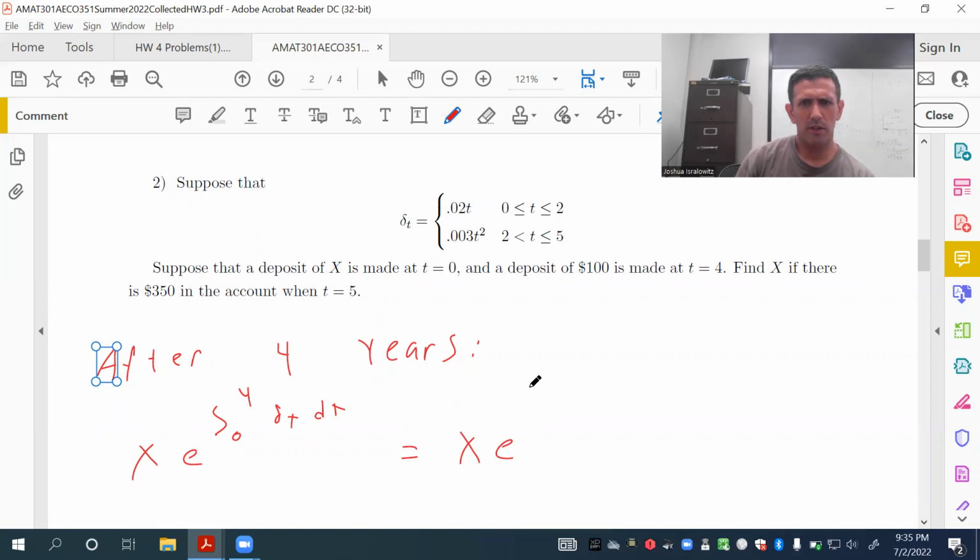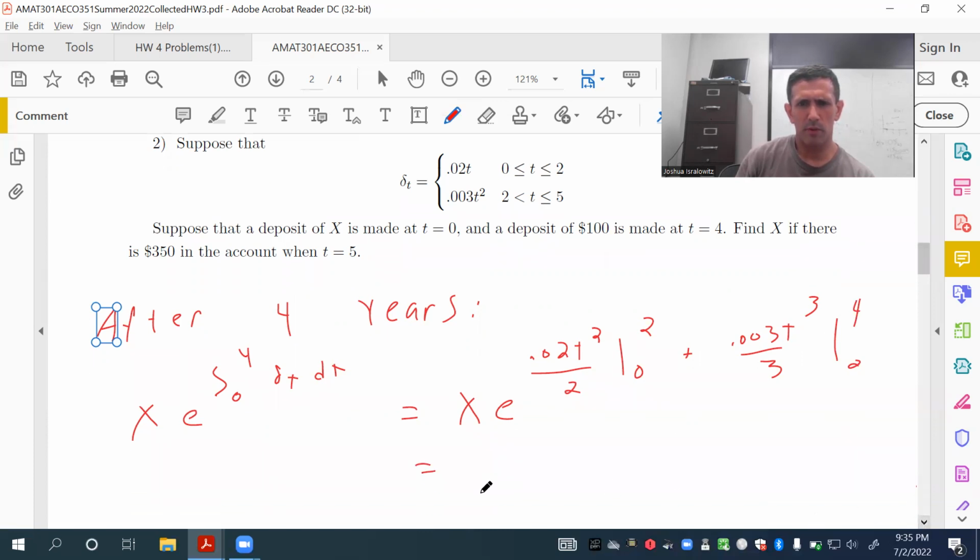Again, just do this quickly: 0.02 t squared over 2, 0 to 2, and then 0.003 t cubed over 3, 2 to 4. I have to do the other one in my calculator.